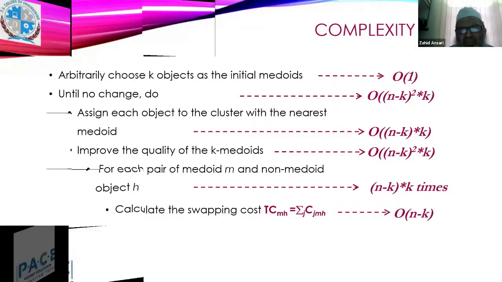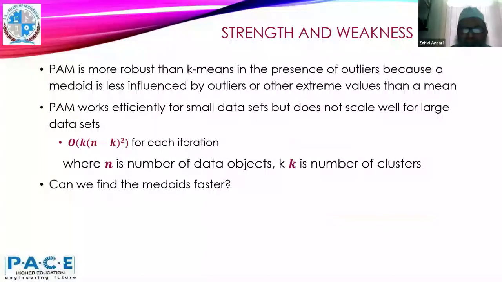Okay, so what are the strengths and weaknesses of PAM? PAM is more robust than K-means. It is robust in the sense that it is not much affected by noise and outliers, because a medoid is less influenced by an outlier than a mean.